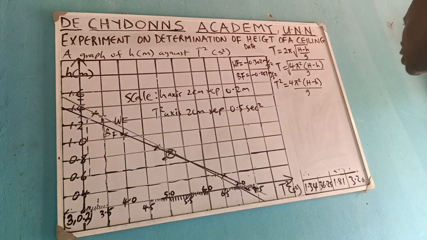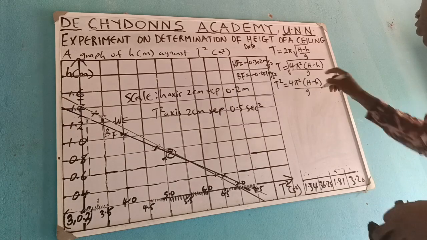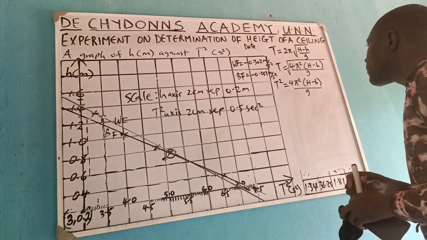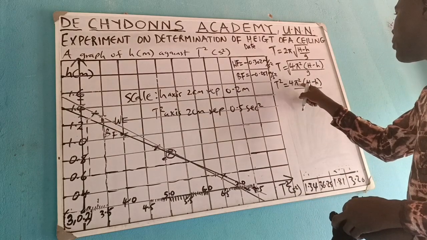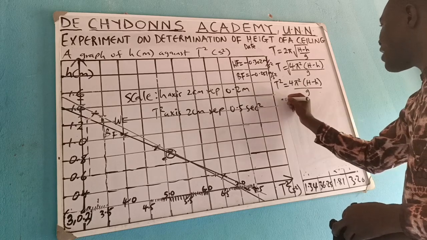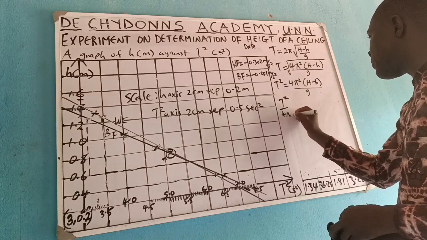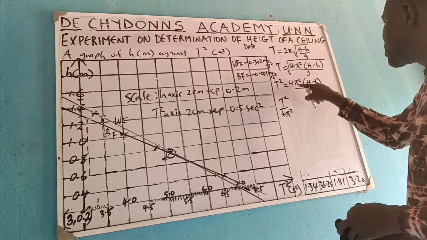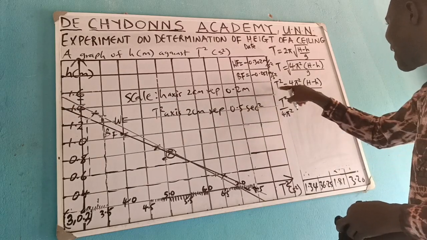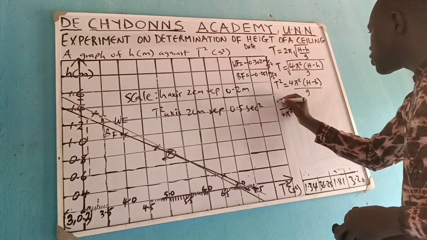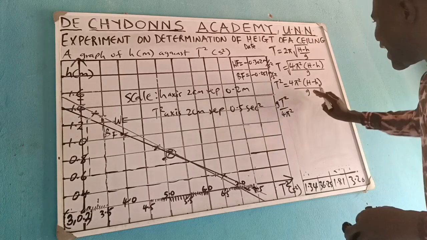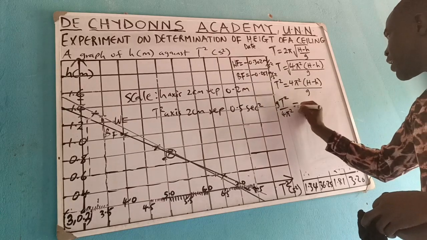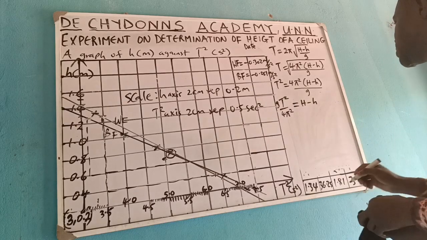Then we want to make h the subject of the formula, since we plotted the graph of h against t square. So first of all, divide both sides by 4 pi square. We have t square over 4 pi square, and this times this gives g t square all over 4 pi square equals h minus small h.